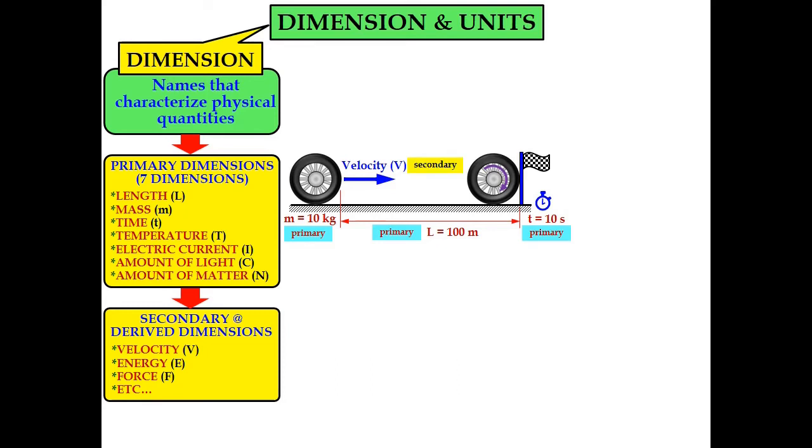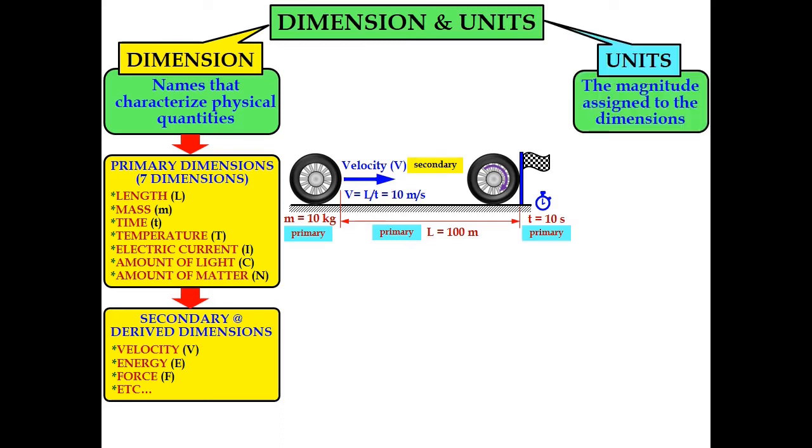However, velocity we consider as a secondary dimension, because the parameter actually comes from the combination of different primary dimensions, where we have the formula for velocity equal to length, distance, divided by time. If we calculate based on the data given, we'll have 10 meter per second as the velocity of the tire. So this example just wants to show the difference between the primary dimension and the secondary dimension.